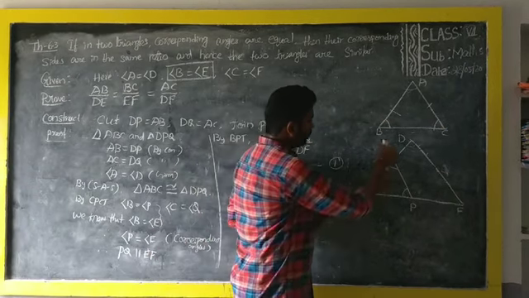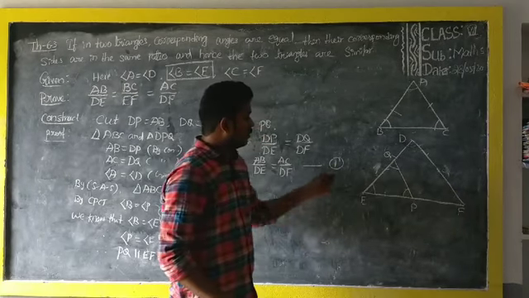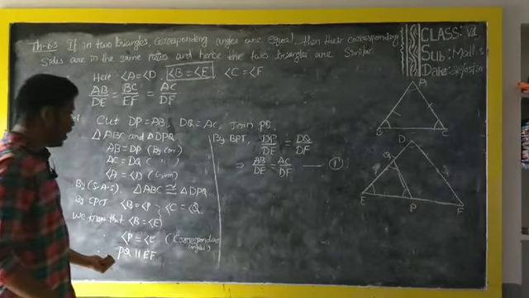These two angles are taken equal by CPCT. So already we know that B equals F. So these two lines are called parallel. Similarly, these two lines are parallel.